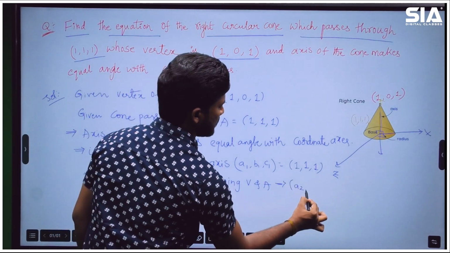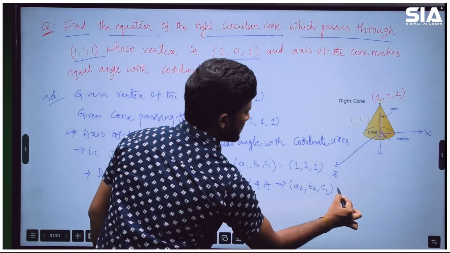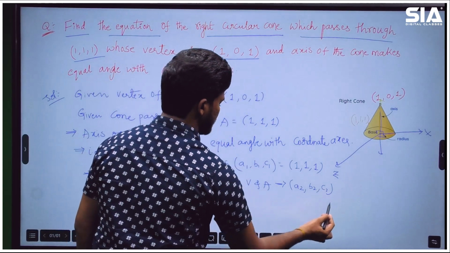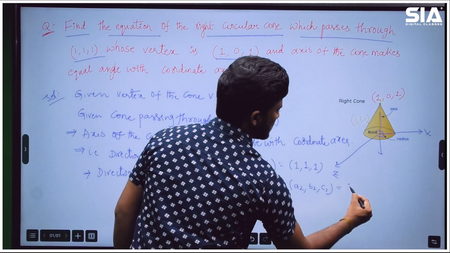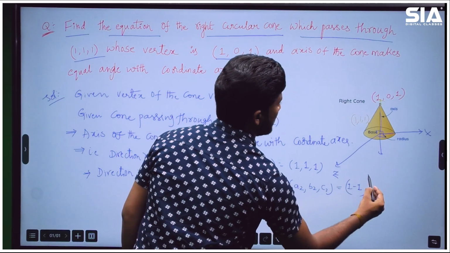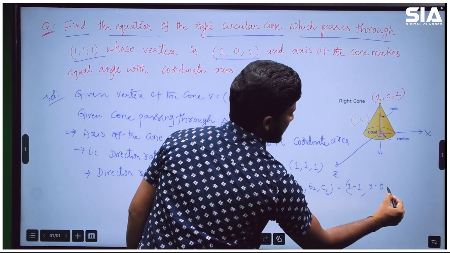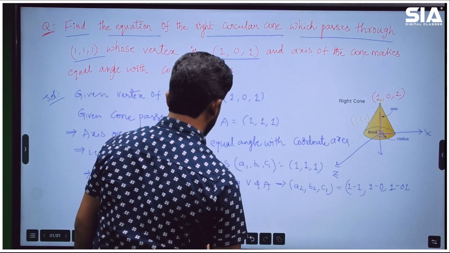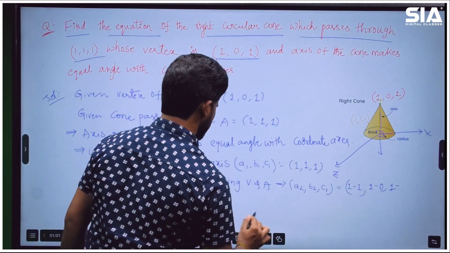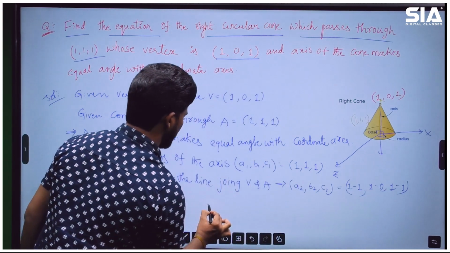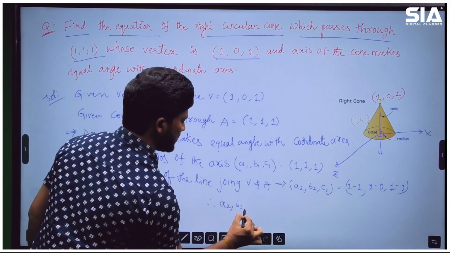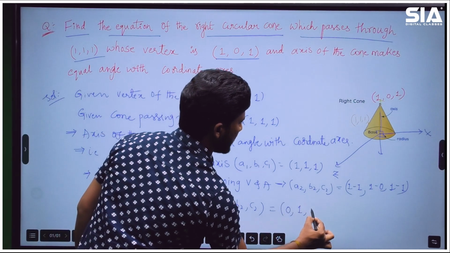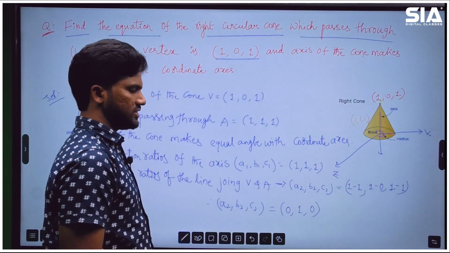We write them as a2, b2, c2. The direction ratios are 1 minus 1, 1 minus 0, 1 minus 1. Therefore finally a2, b2, c2 = 0, 1, 0. These are the direction ratios.